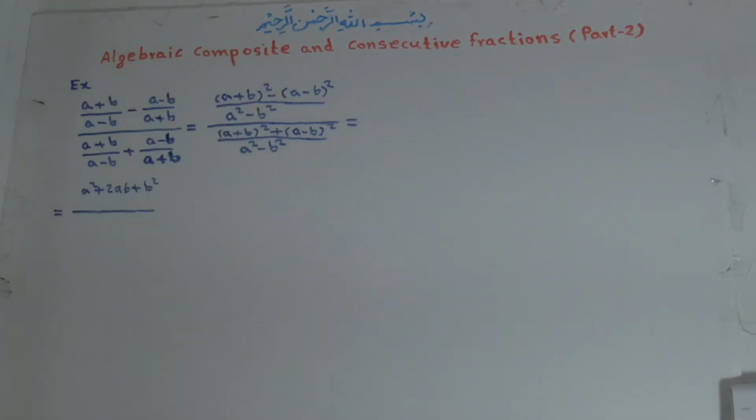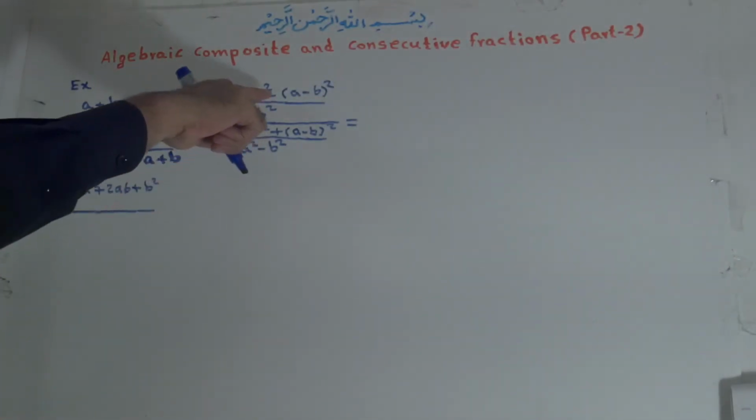And the second one is a minus b all to the power of 2, which is equal to a to the power of 2 minus 2ab plus b to the power of 2, but there is a negative sign.